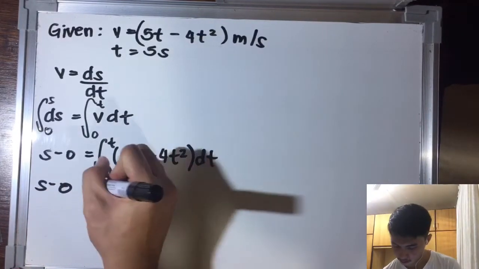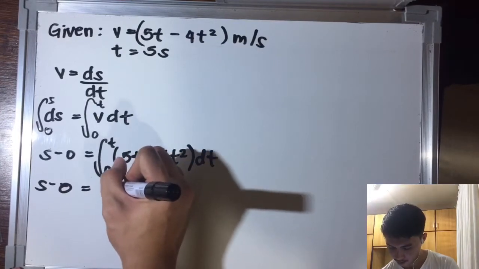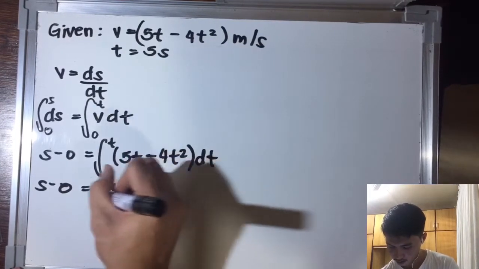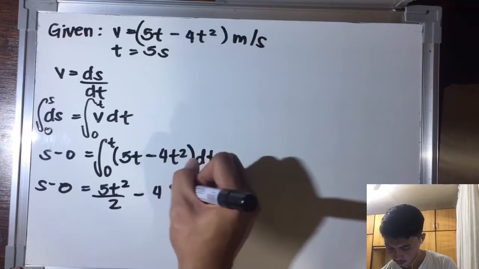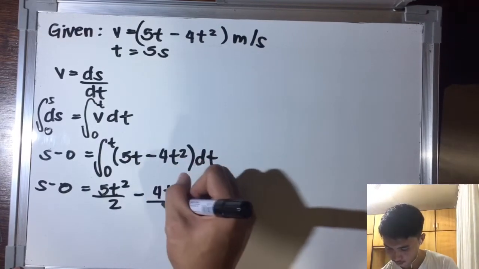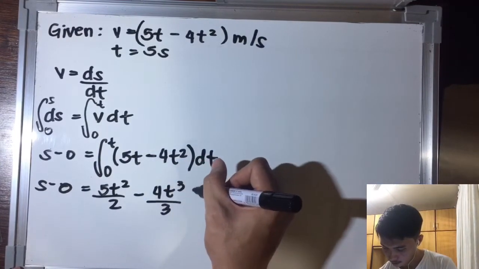So the integral of 5t is 5t squared over 2 minus 4t cubed over 3. There.